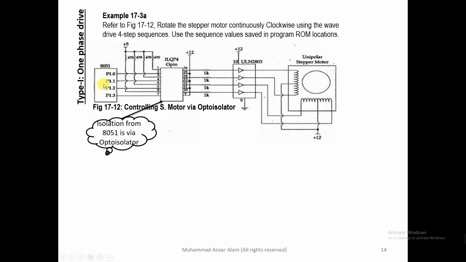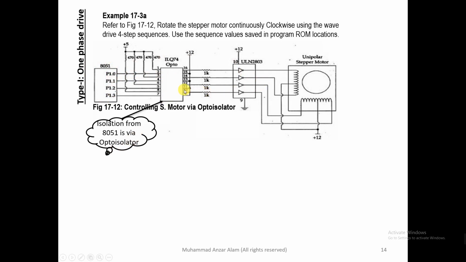These are also part of the microcontroller interface with the stepper motor. So what is this one? This is the output port from the microcontroller. We used only P1.0 to P1.3, and this is basically the opto-isolator. Isolation from the 8051 is via opto-isolator because this is going to drive the higher power.